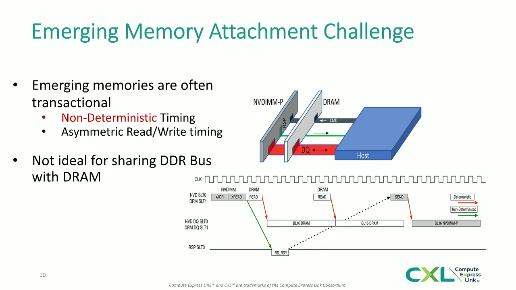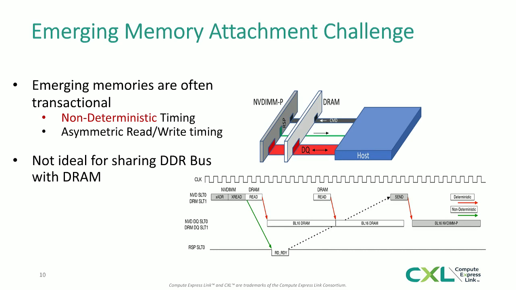Now, this is the question that I asked before: how do you actually put this into our systems? And today, one approach is to have the emerging memory sit on a DRAM channel as a DIMM. But there are certain problems with this approach.